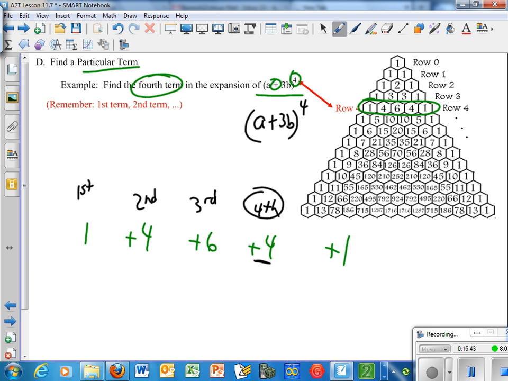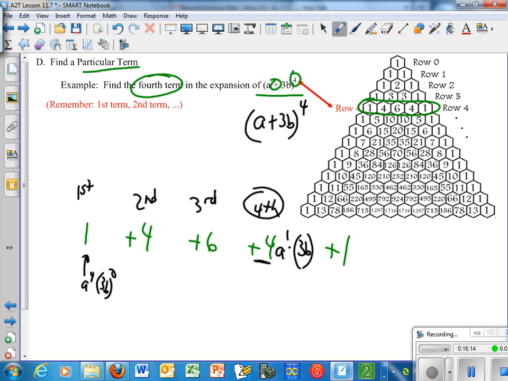So this term right here would be a to the fourth, then a to the third by the second term, then a to the second, a to the first. So I don't have to fill all that other stuff in, but this is going to be a to the first. And then I'm going to have my second term of 3b, but what's the exponent going to be on it? Well, again, this was an a to the fourth, and then it would have been 3b to the 0.